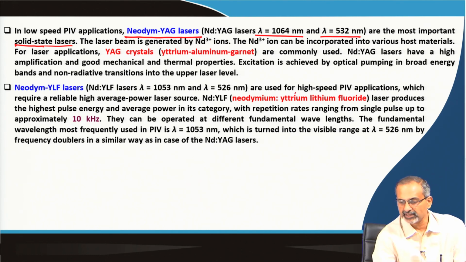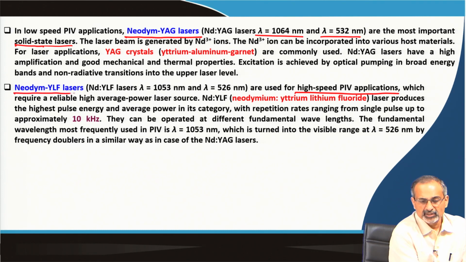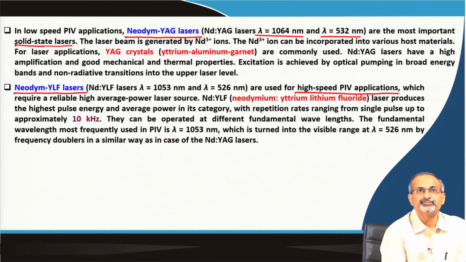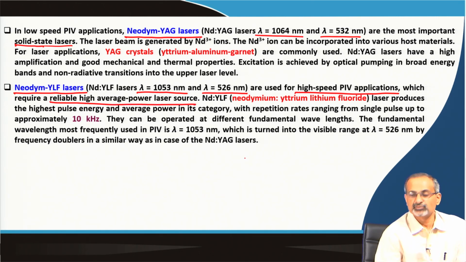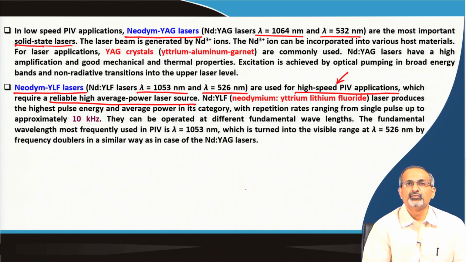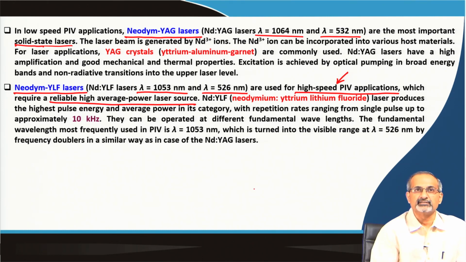When it comes to high speed PIV applications, the choice would be neodymium YLF lasers with lambda of 1053 and 526 nanometers. They of course require a reliable high average power laser source. YLF stands for yttrium lithium fluoride. These lasers produce high pulse energy and average power in their category, with repetition rates which can go up to several kilohertz, way higher than what you can normally see from Nd YAG lasers.